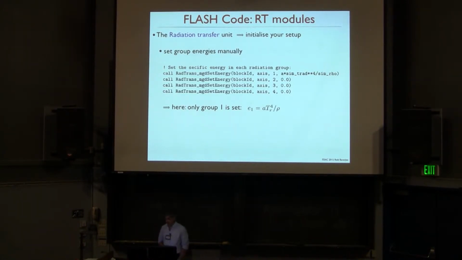In this case, it's just 4. And this is an even simpler case in the sense that it only sets a single group initially. So this is how the function looks like if you want to stick in your radiation energy density, in this case the specific energy density, by hand. There's no particular magic here.